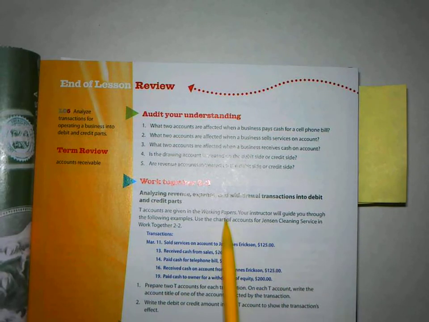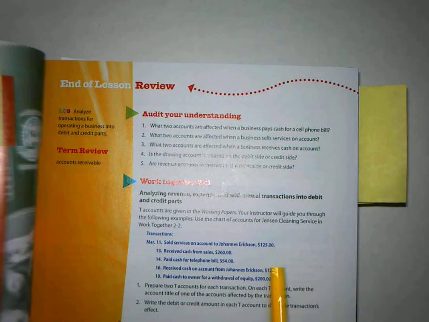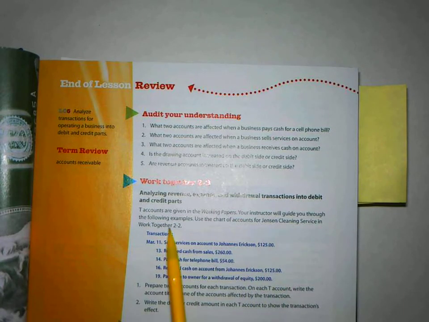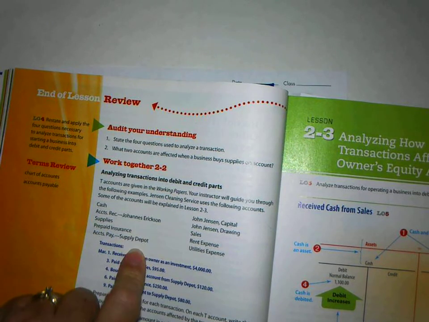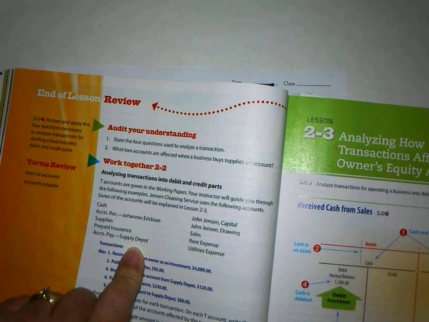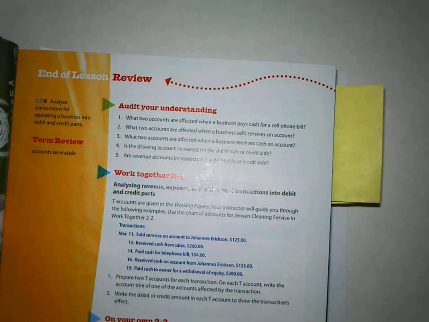It's the same accounts from 2-2. Okay, and it tells you that for Jensen Cleaning from working together 2-2. So if you need to come back over here and look at an account, you'll have to flip back in your book. Okay, because they don't print those again for you here. But they are printing the transactions, and it's telling you to use 2 T accounts for each transaction with the date.